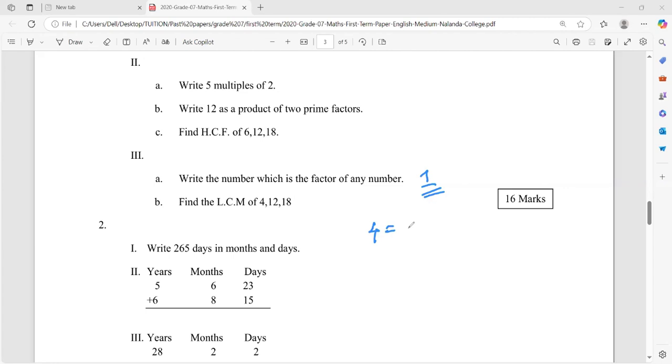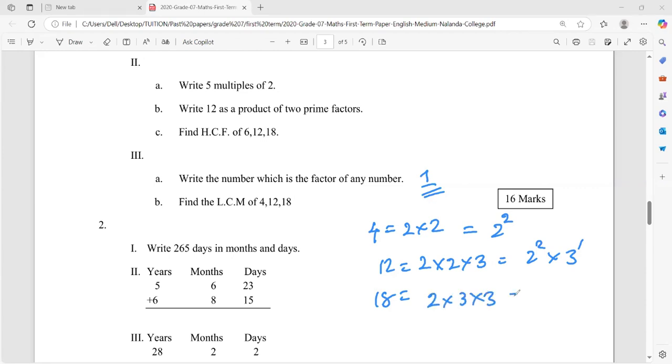So 4 is equal to 2 into 2, which is 2 to the power 2. 12 is equal to 2 into 2 into 3, which is 2 to the power 2 into 3 to the power 1. And 18 is equal to 2 into 3 into 3, which is 2 to the power 1 into 3 to the power 2. Here you have to select the highest power of each factor.